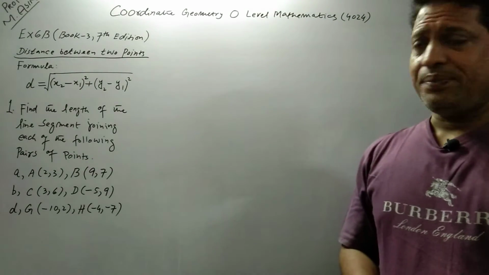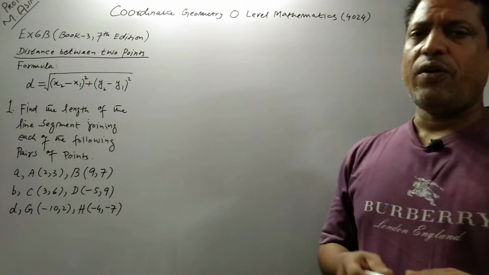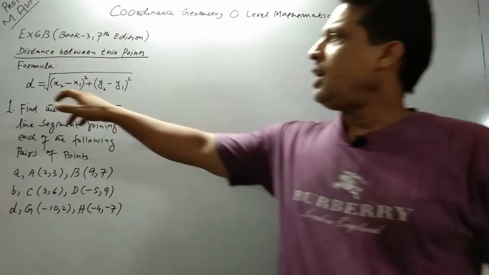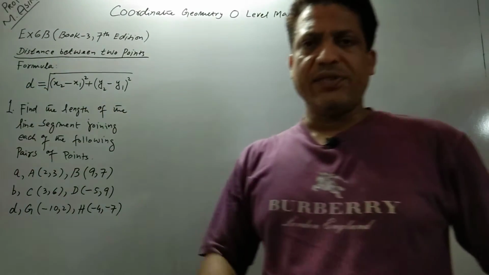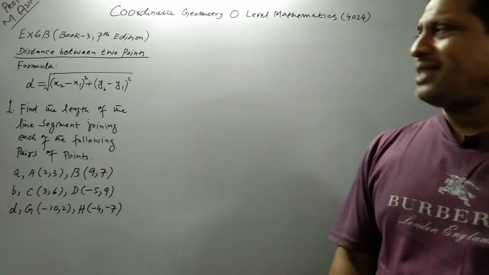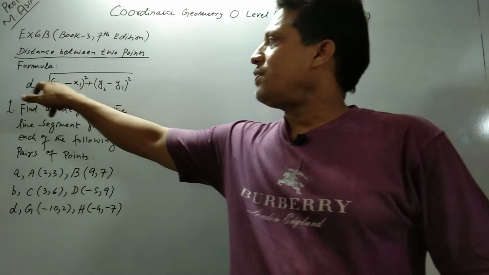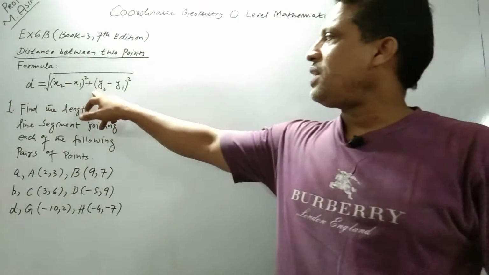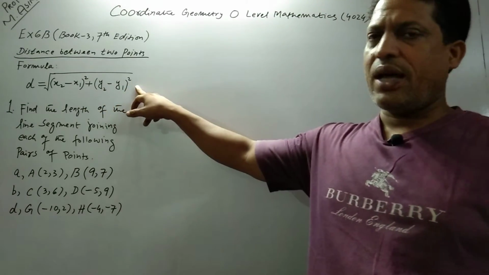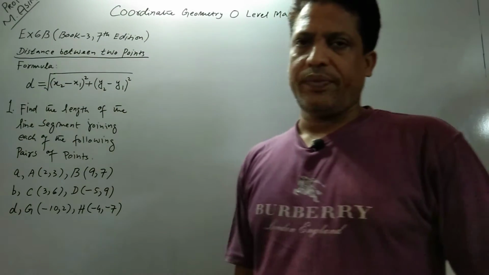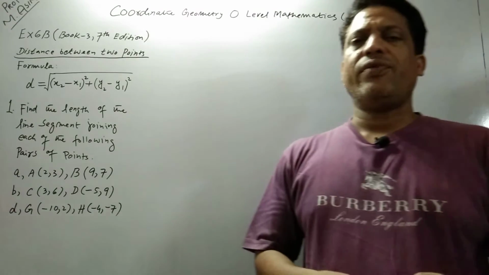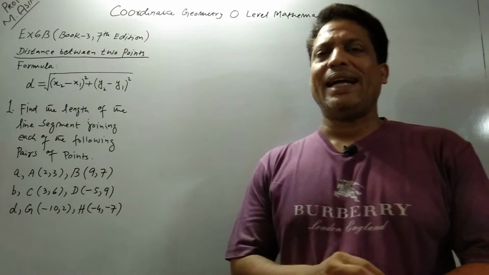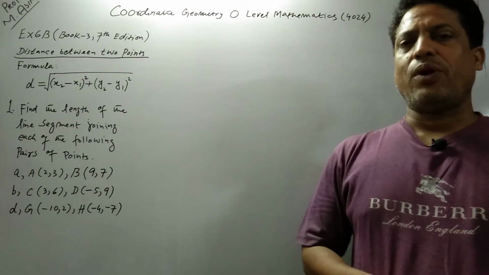You must remember the formula of distance. D stands for distance. Distance is equal to the square root of (x2 minus x1) whole square plus (y2 minus y1) whole square. And one thing you must keep in mind is that distance is always positive.